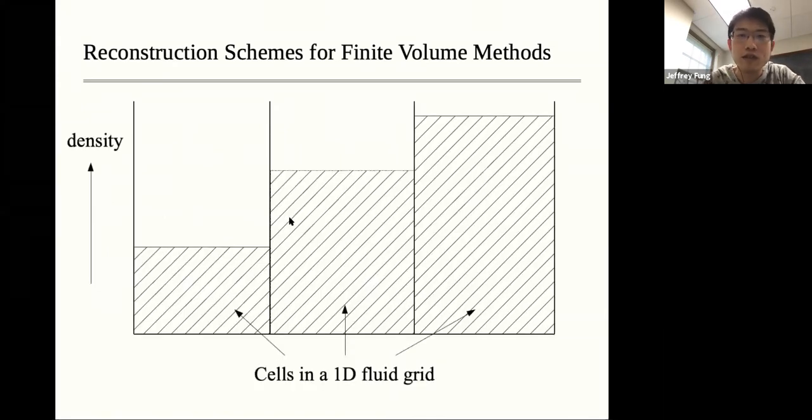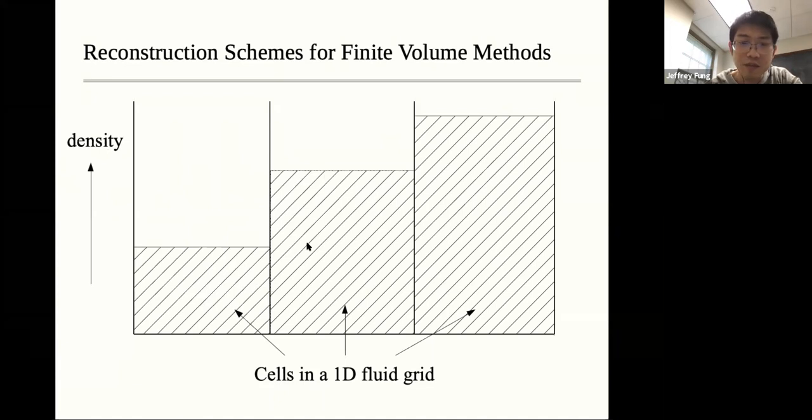So how that works, I have a schematic drawing here. Imagine we have a 1D grid of fluid with 3 cells. In each cell, you have the cell average value of your conserved quantity, let's say it's density.